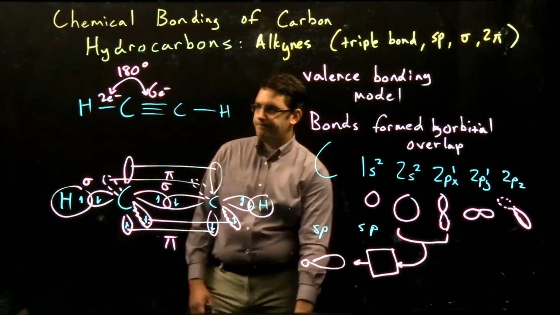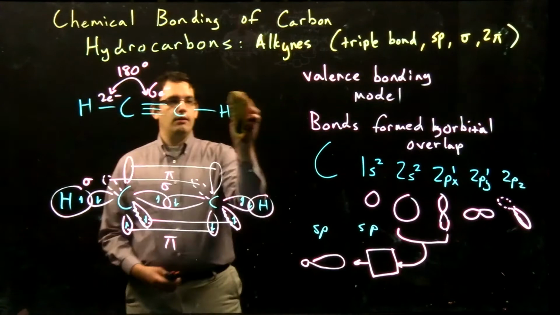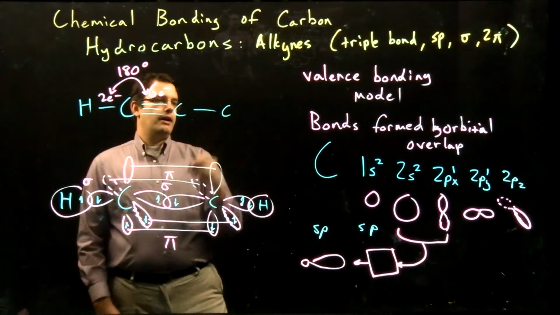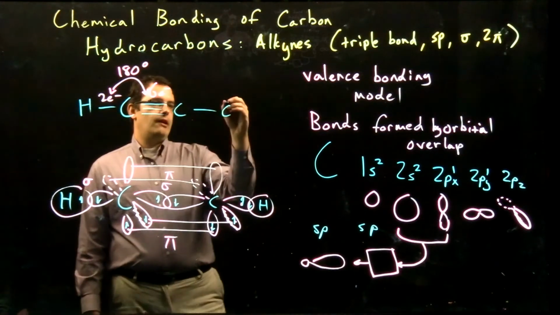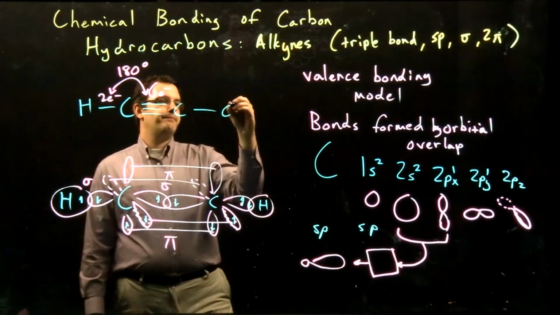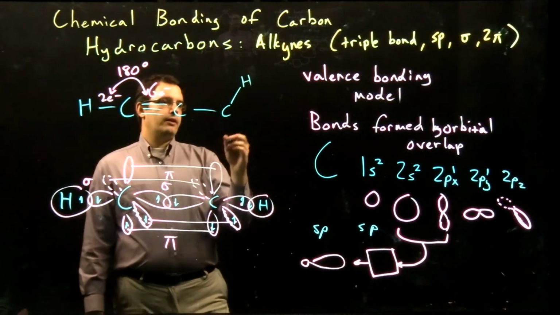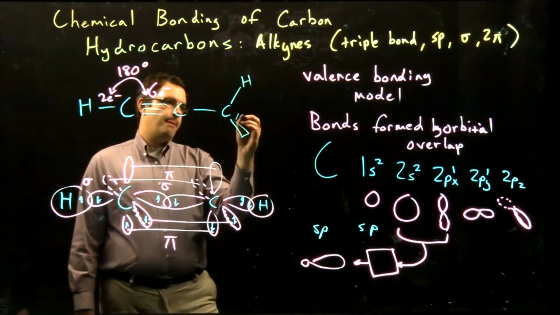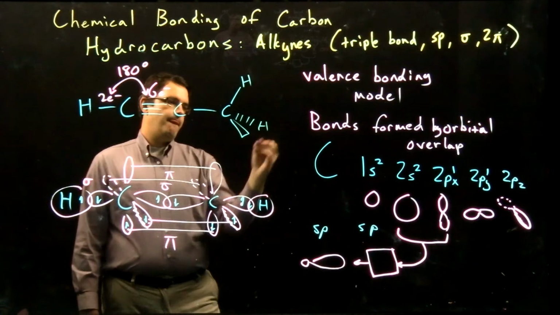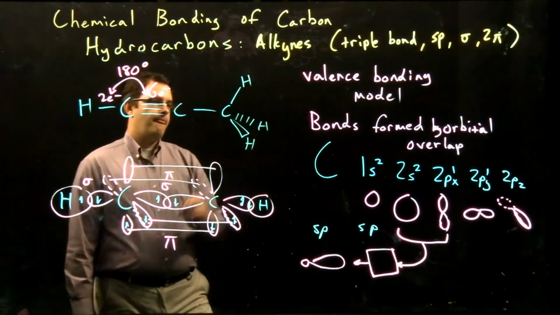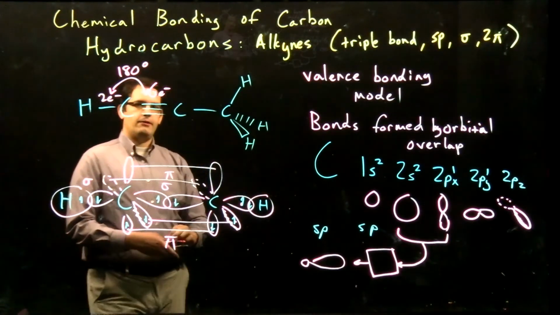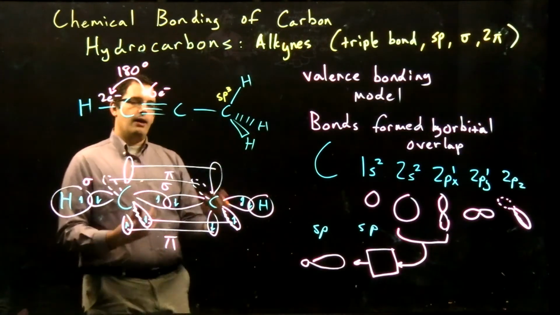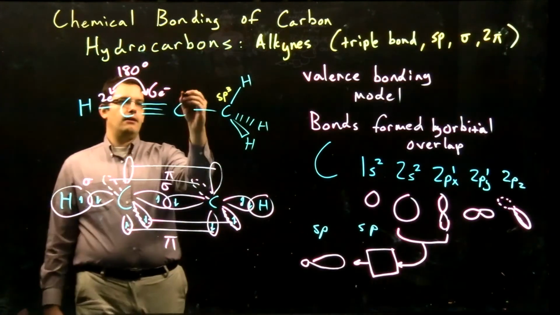our molecule. So for example, if I change this to a carbon, I could have another carbon over here that's just following my typical alkane bonding. So this would be sp3 hybridized with my 4 bonds going out at 109.5 degree angles.